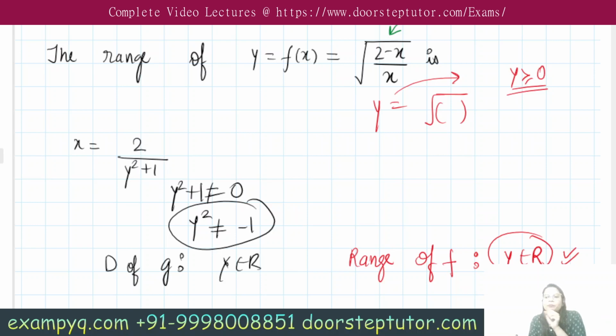So that's what it meant when I said that you have to go to your actual function and check it. The actual function says that y should be greater than or equal to 0. So you should agree to this, and you should now say that no, the range is not y belongs to R, the range is y belongs to 0 to infinity, basically all positive numbers including 0.